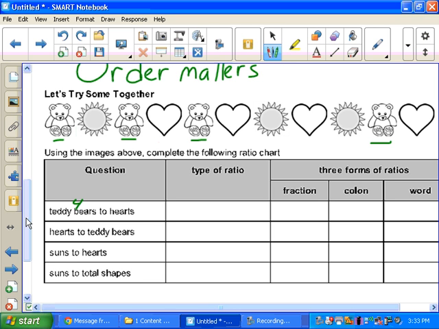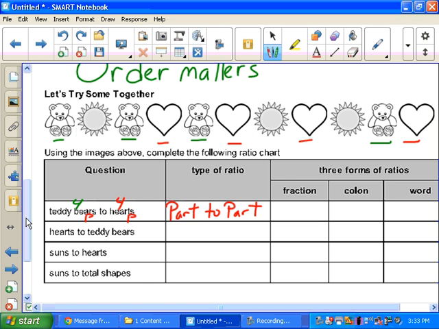We have 1, 2, 3, 4 hearts. It wants to know the type of ratio in this set of data. In this particular set of data, the teddy bears represent a part and the hearts represent a part. So this is a part-to-part relationship.